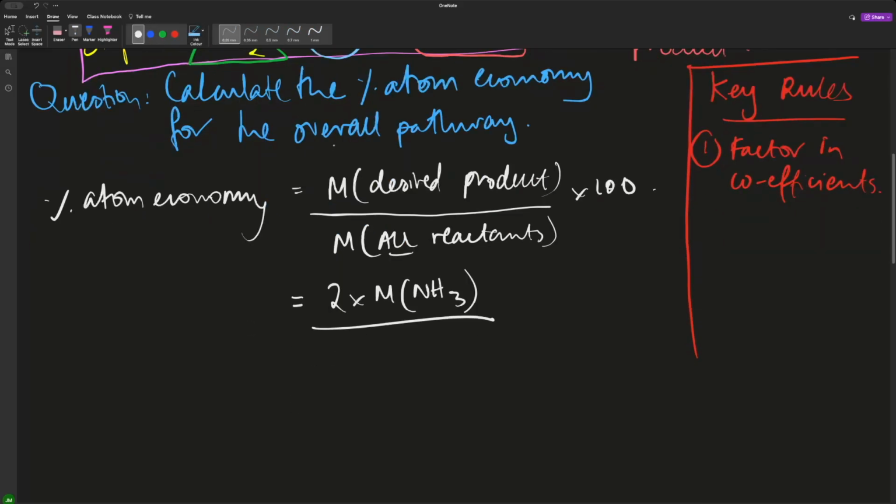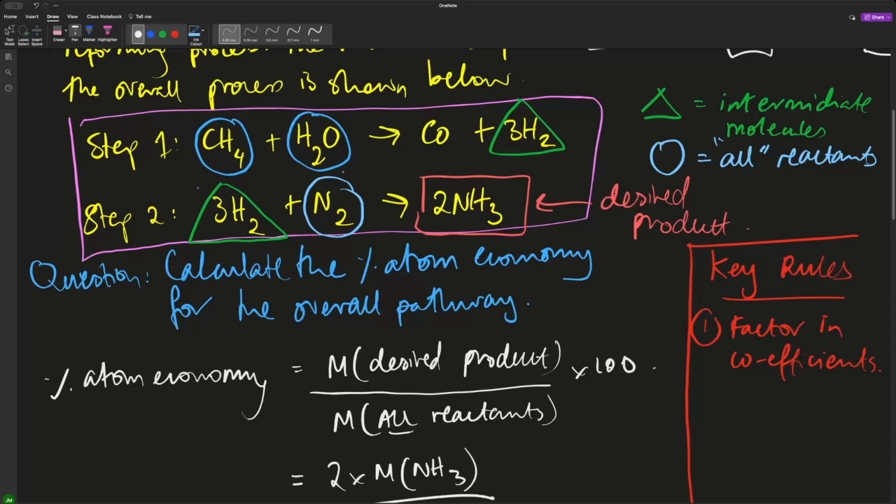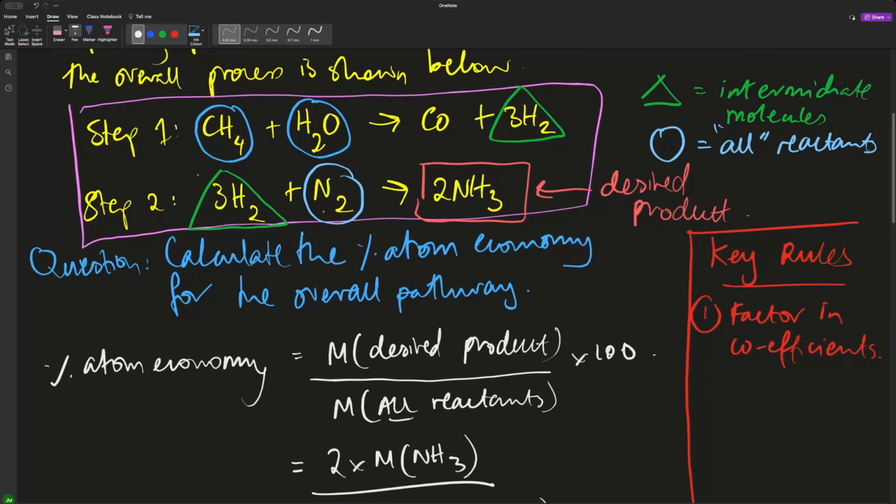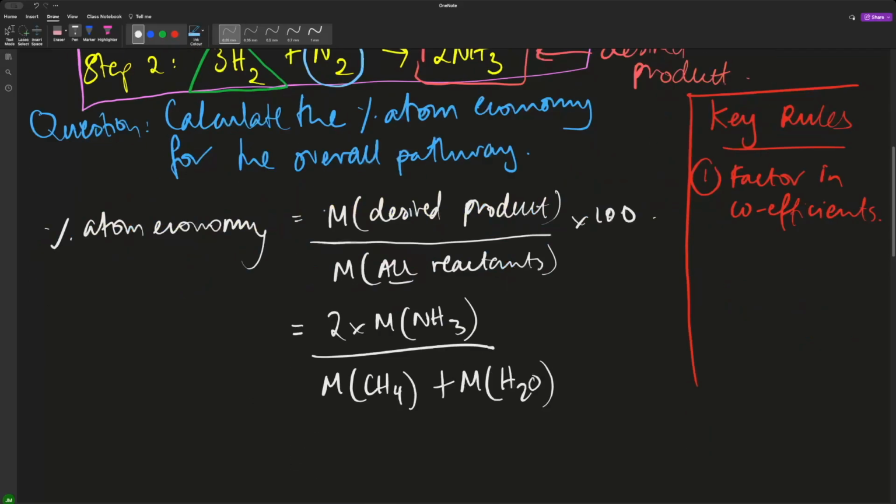We needed 1 CH4, molar mass of CH4, plus molar mass of H2O, plus molar mass of 1 N2, and all of that is multiplied by 100.